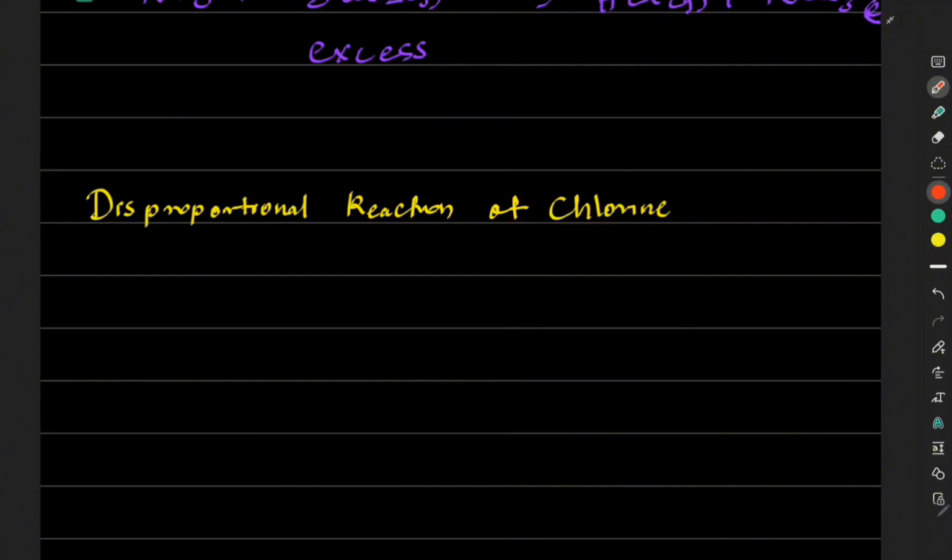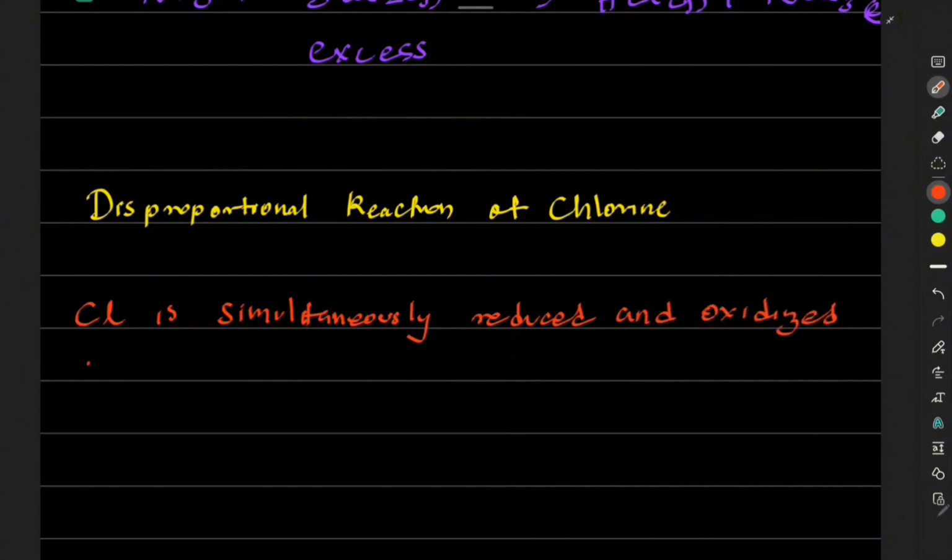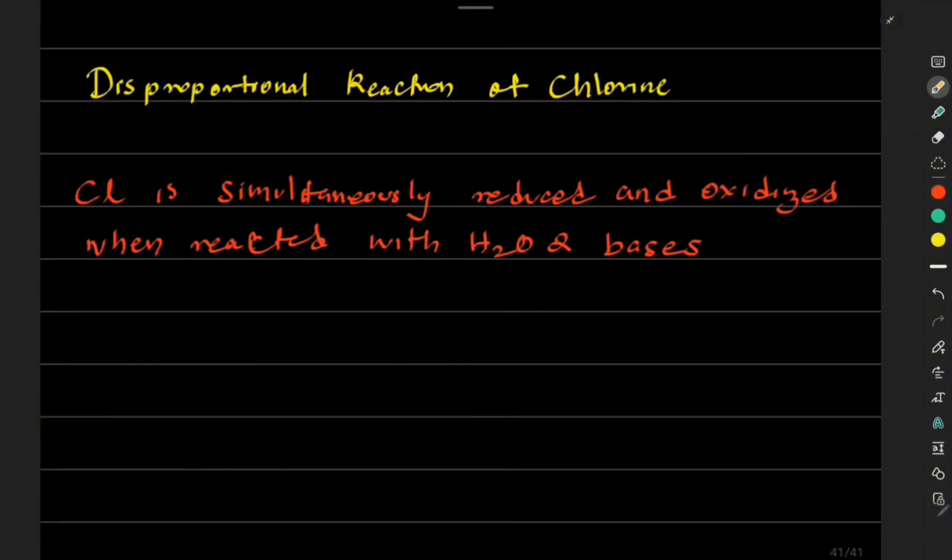Let's write it down. Chlorine is simultaneously reduced and oxidized when reacted with water and bases.